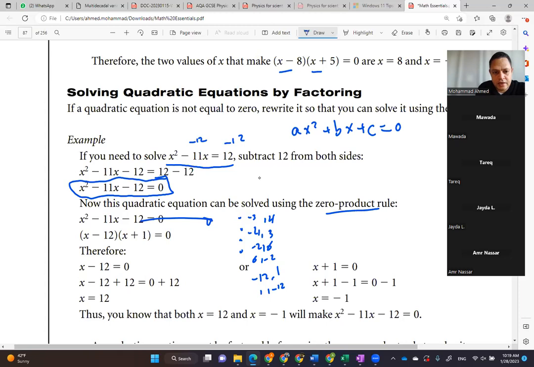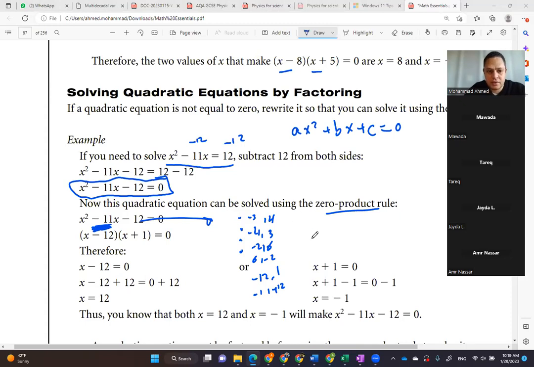But we need the two numbers whose addition equals -11. So which one are we going to use? We're going to use -12 and 1, right?